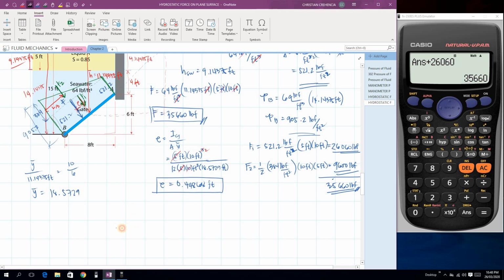So meron tayong yun yung gate. Then meron tayo ditong F1, meron tayo ditong F2. Yun ang hinahanap natin is yung resultant force F, yung total force F natin. So lahat ng distances will be coming from dito na lang sa centroid natin.